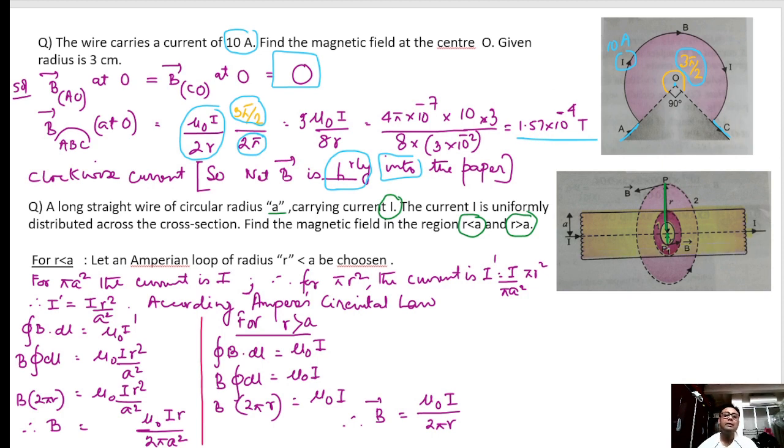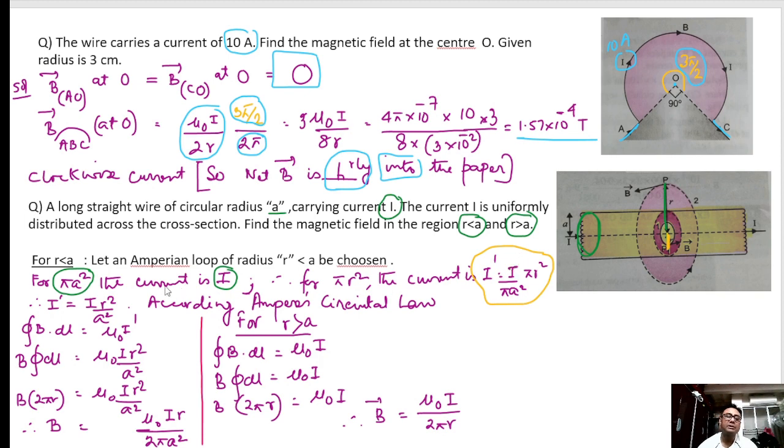That means I can take it like this: for the whole cross section, which is pi a square, the current is I. So for only this cross section, which we are taking as r, current will be this.